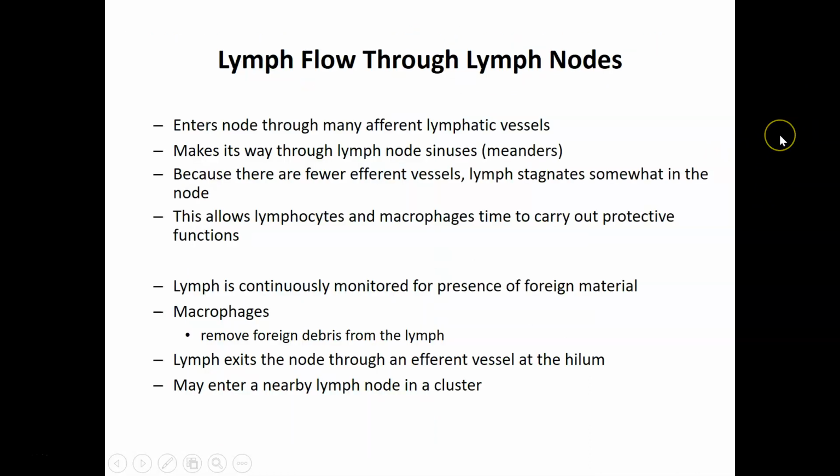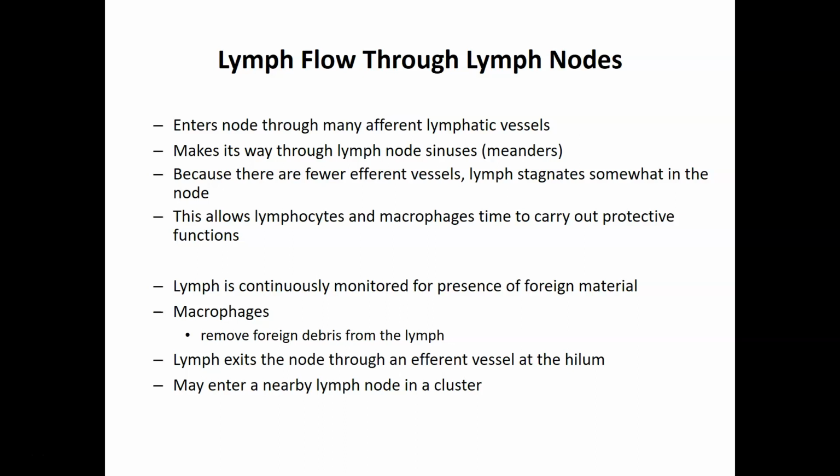All right, just a word about how lymph flows through the lymph nodes. Keep in mind that there are many more afferent vessels than there are efferent. So this sort of causes a logjam of lymph inside the lymph node. It takes a while for lymph to flow out. It has to meander through. It can't just go straight from entry to exit.